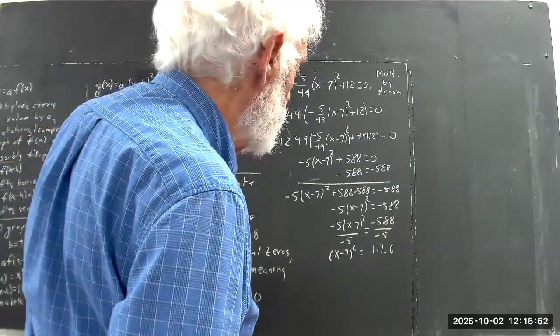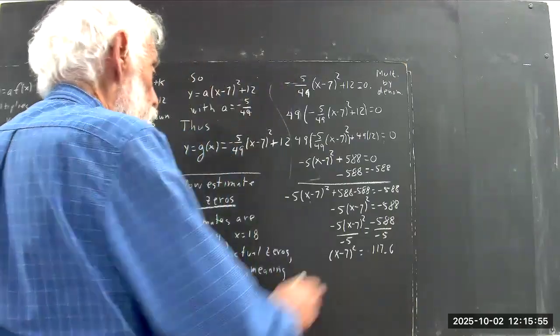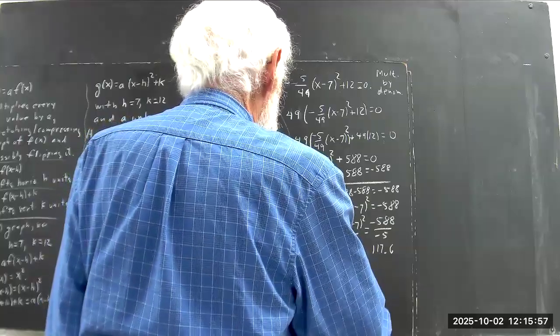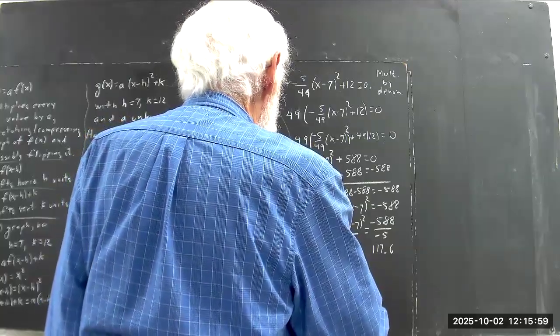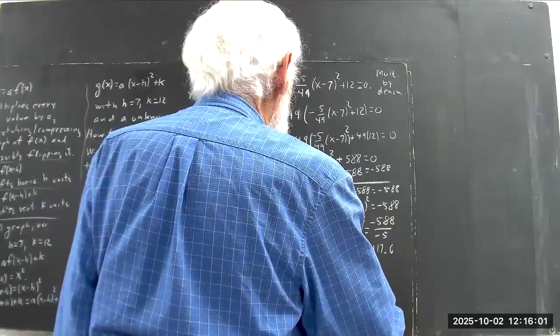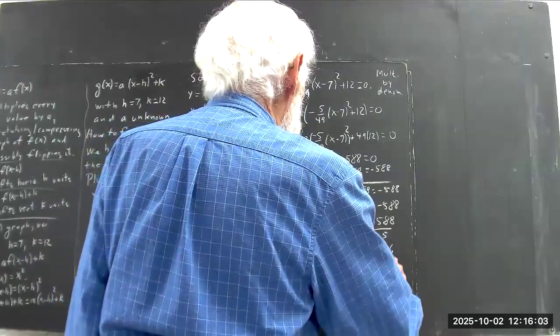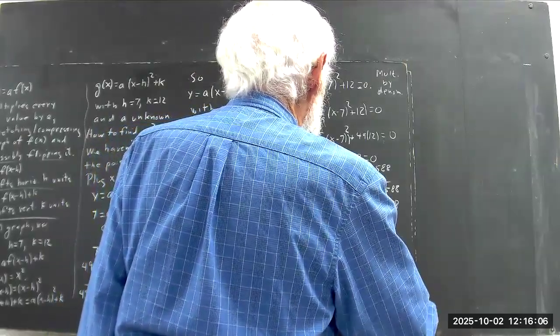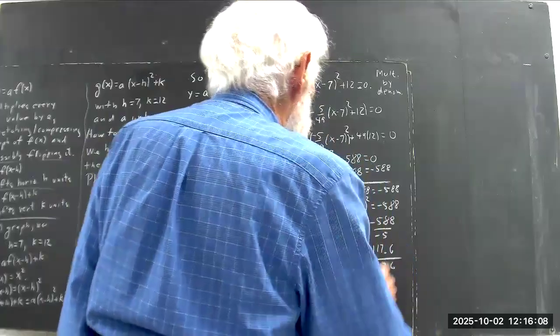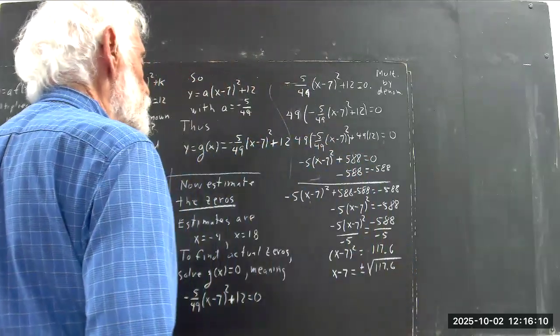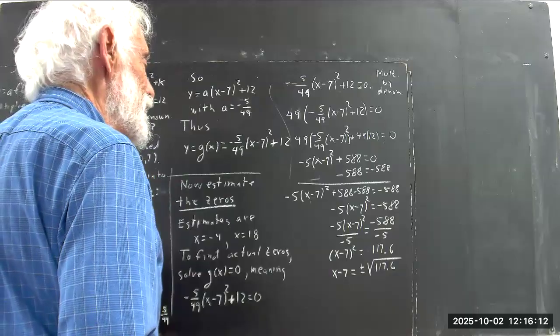Pretty sure the number's right. So x minus 7 equals plus or minus the square root of 117.6. Square root of 117.6 is about 10.8.